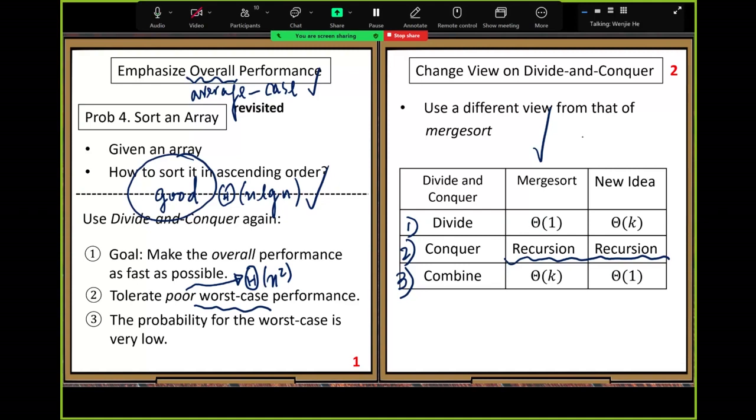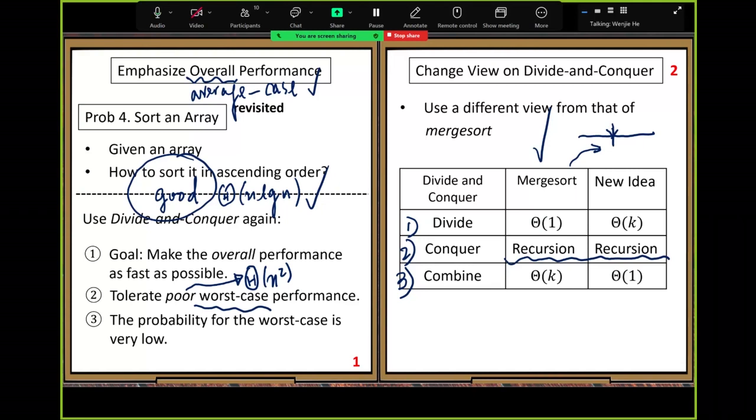In the divide step, we have an original array. We split right in the middle, right? That split is very easy, very fast. You do not need to do much work.